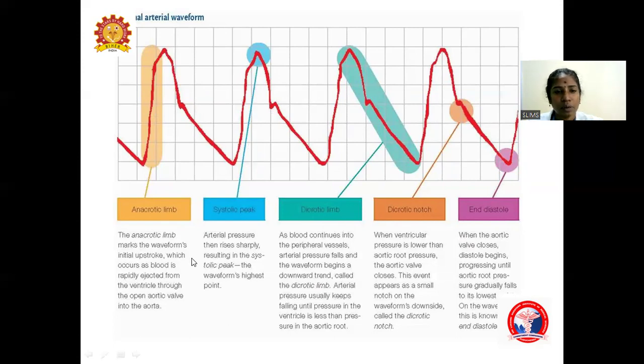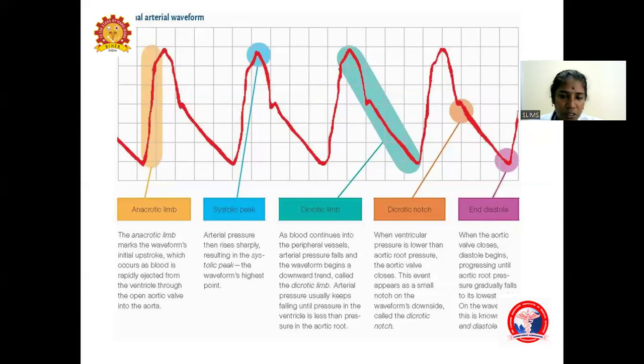The anacrotic limb marks the waveform initially in the upstroke, which occurs as the blood is rapidly ejected from the ventricle through the opened aortic valve into the aorta. In the systolic peak, the arterial pressure rises sharply, resulting in the systolic peak. Then the waveform is at the highest point.